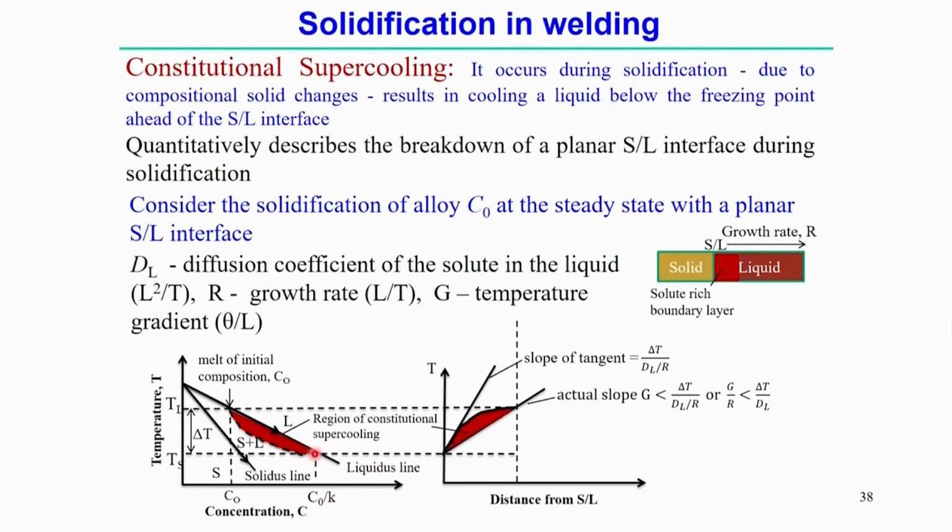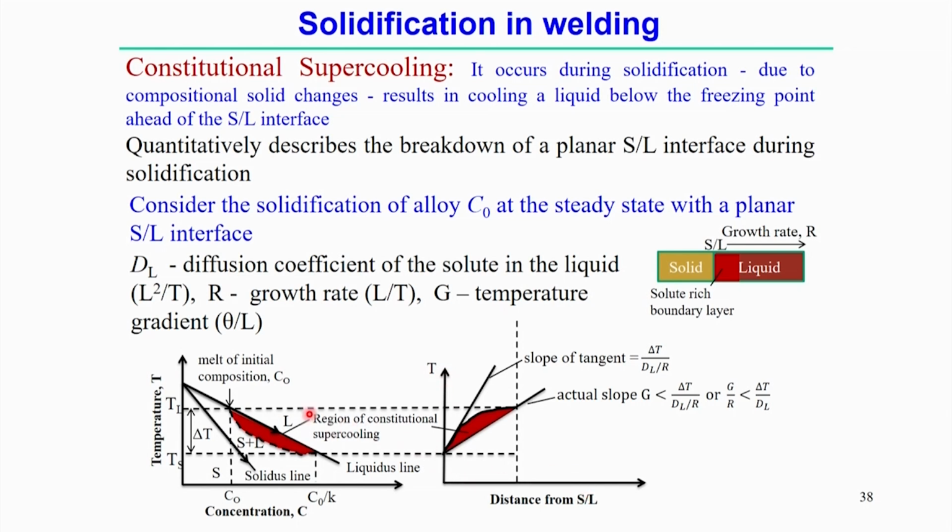So, from here the composition is represented by C0 by K. Now, this amount of constitutional supercooling, if we project it on the right hand side figure, temperature versus distance from the solid liquid interface, it shows up to what extent from the interface it can go.